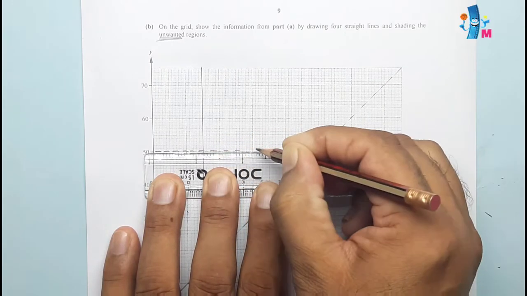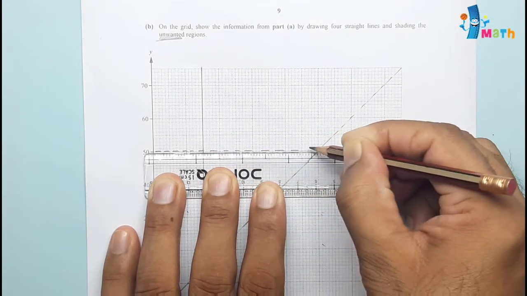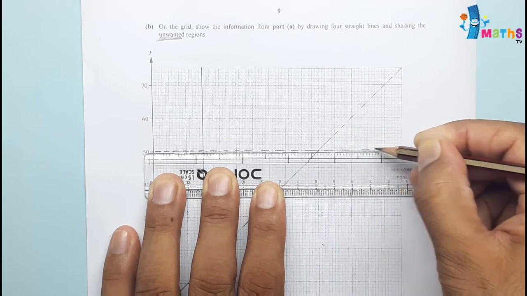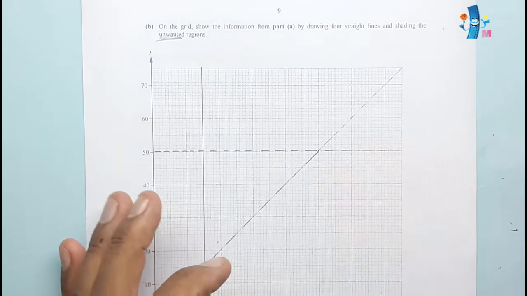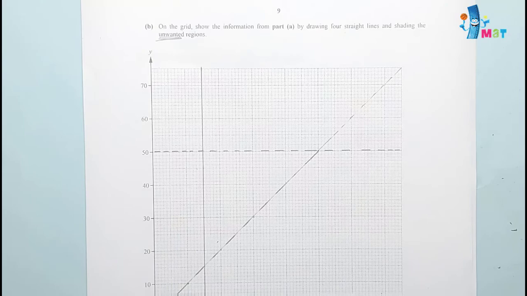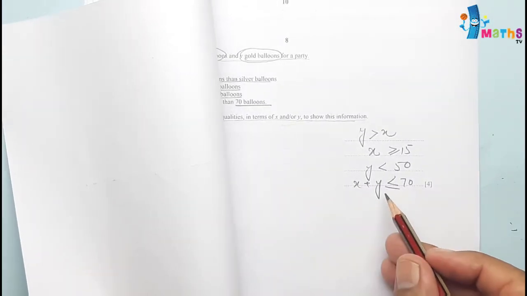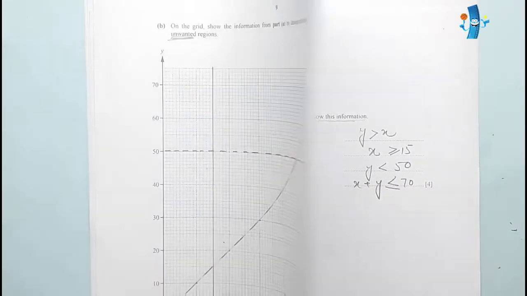So this will be the third equation which we have shown, and the fourth is what? x plus y is less than or equal to 70.